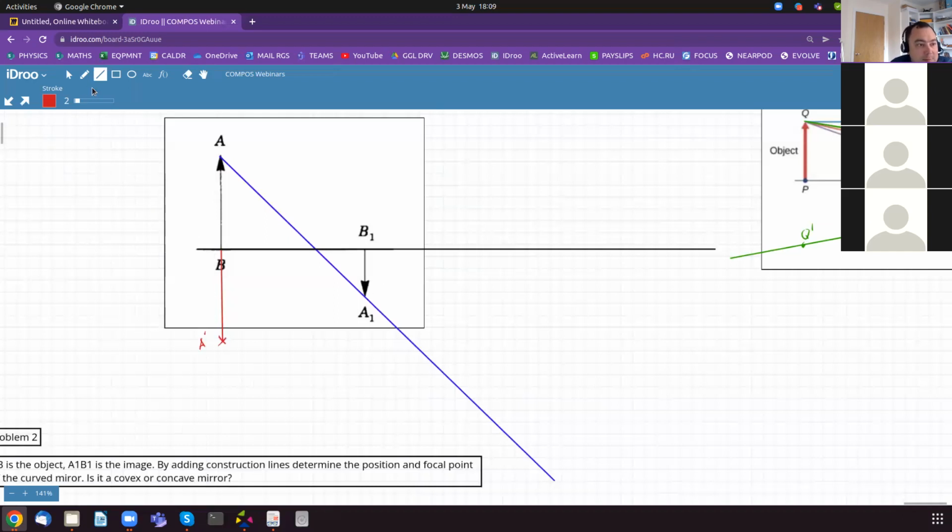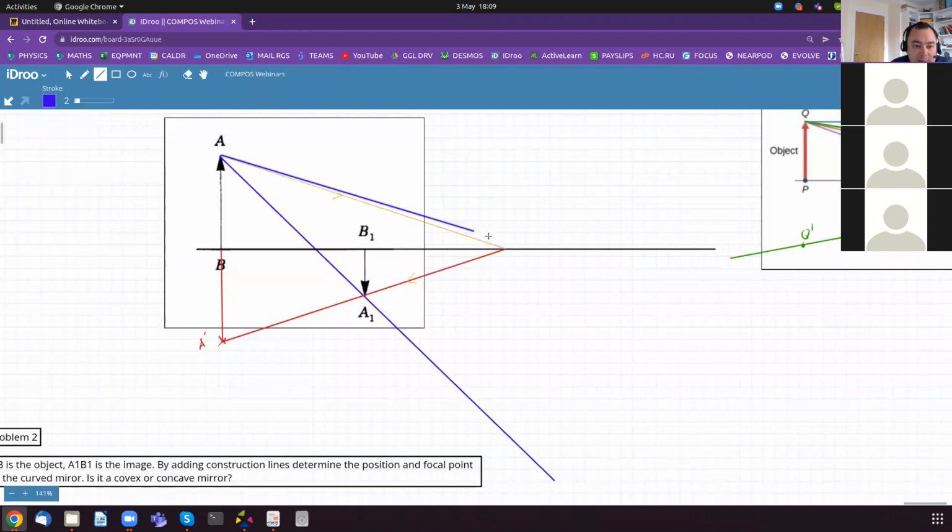And that line passing through A1, where it crosses this line, and then if it's reflected back, you can see that if it goes like this and then reflects like this, this is another ray. So it is a ray, so we can draw it.